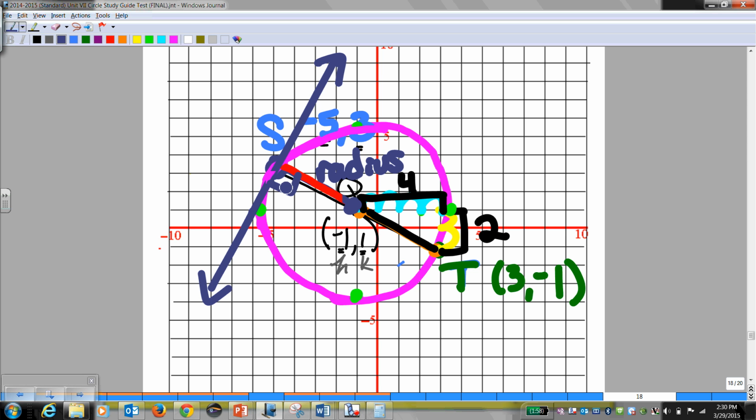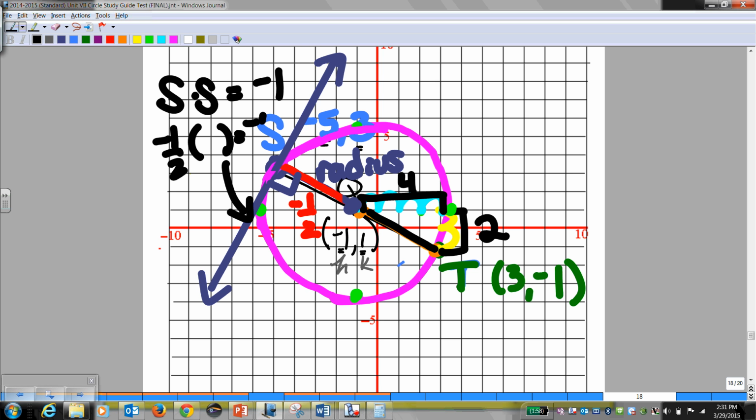That's really important because that gets you your slope. Our slope of the radius here is −1/2. The slope here is the perpendicular slope, and we know slope times slope has to equal −1. So it's −1/2 times something is −1.